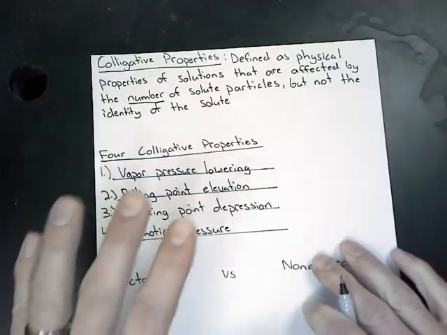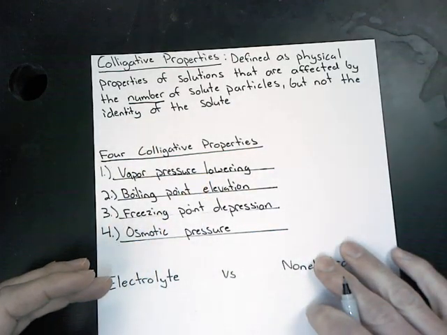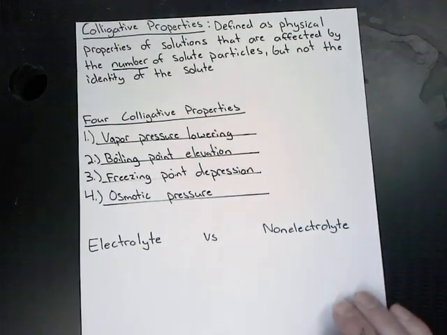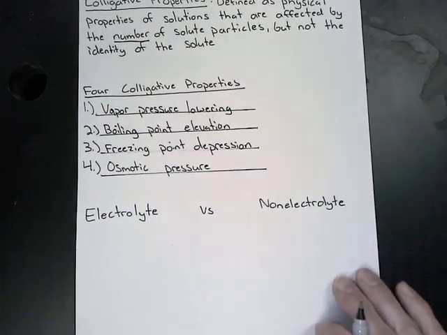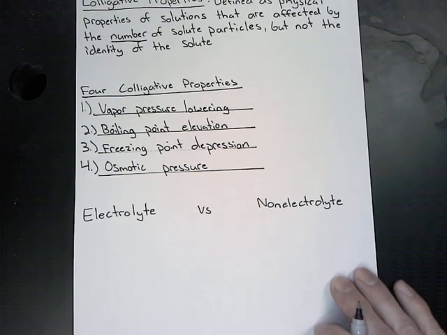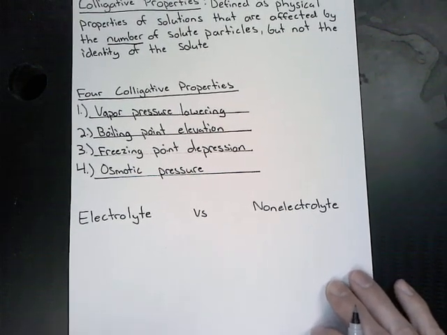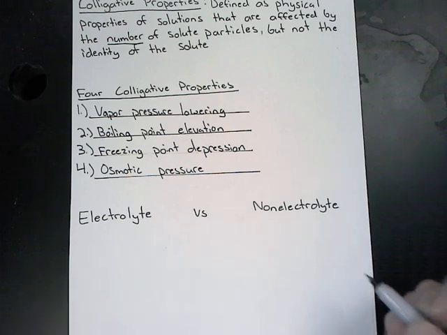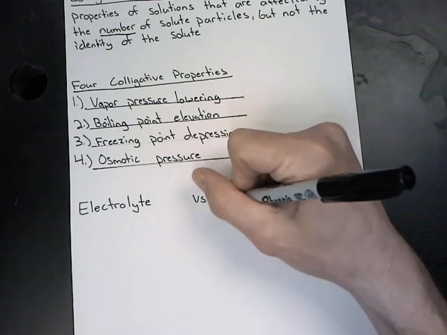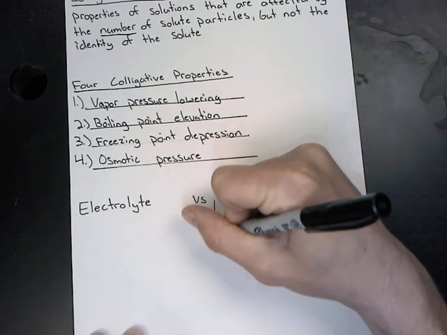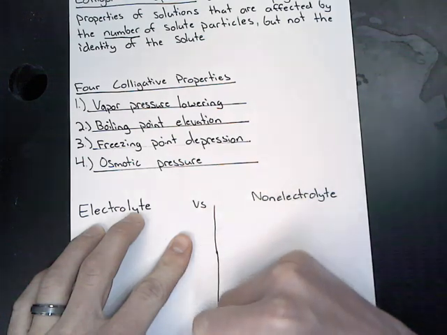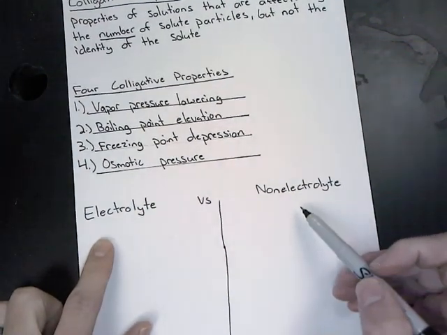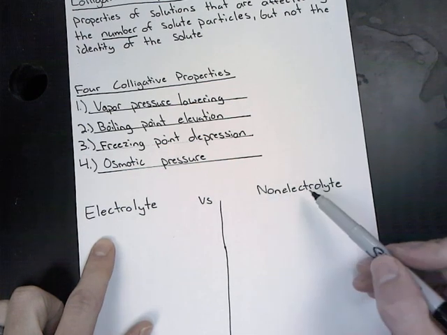Now, before we talk about each of these four colligative properties in detail, what I want to do is identify what the difference of an electrolyte versus a non-electrolyte is. And this will help us with that boiling point elevation, freezing point depression later on. So all I'm going to do here is divide my paper in half and separate out the electrolyte from the non-electrolyte portion.